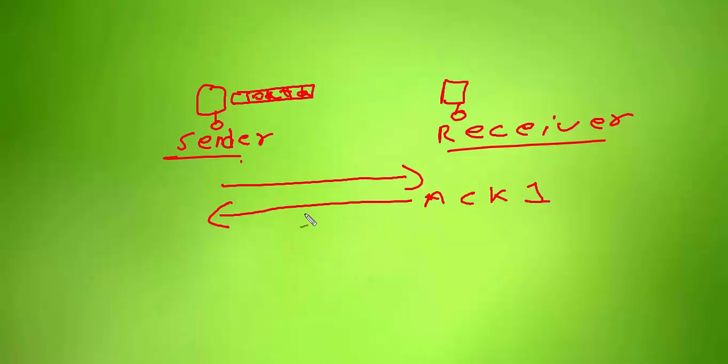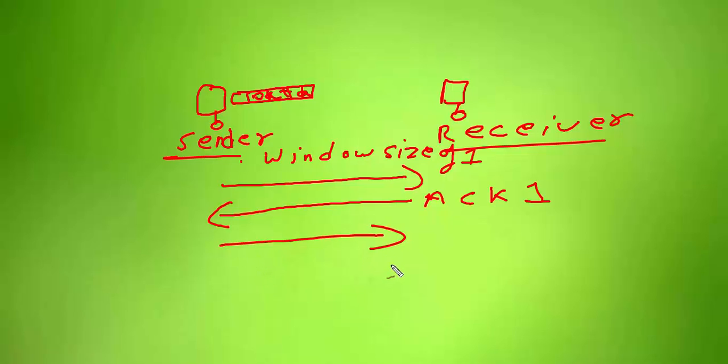Sometimes we need this type of communication because we have just a small data. So we can call this a window size of 1, because whenever we send one segment, we immediately get the acknowledgement of that one segment.